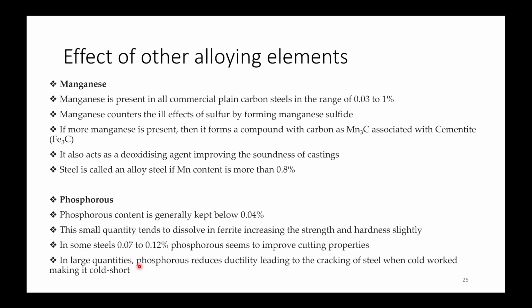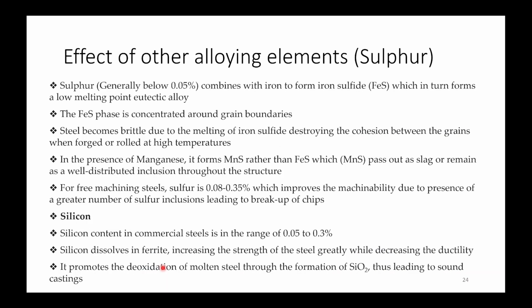Ma'am, can you explain that hot shortness and cold shortness? Okay, so hot shortness is when you can't heat your material. You're restricted by some temperature because it is forming FeS, right? FeS has a low melting temperature, so if you roll it at a higher temperature, it will restrict your steel.